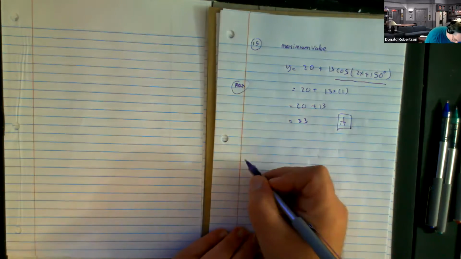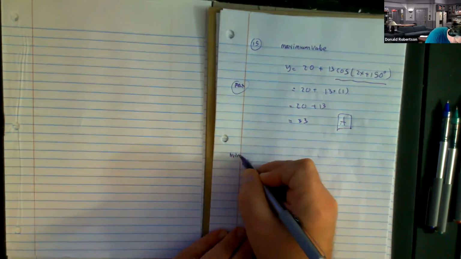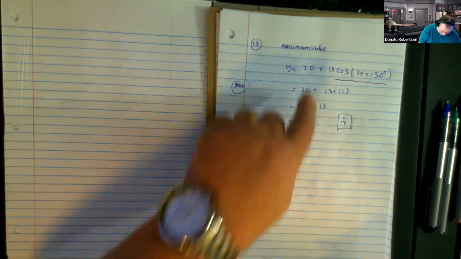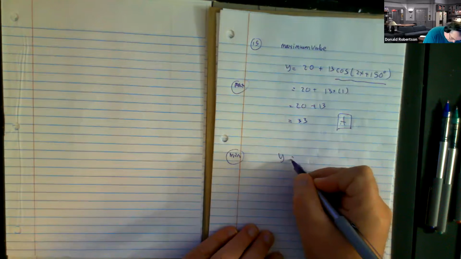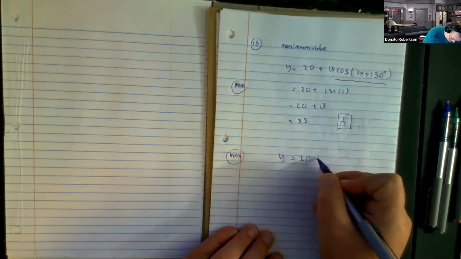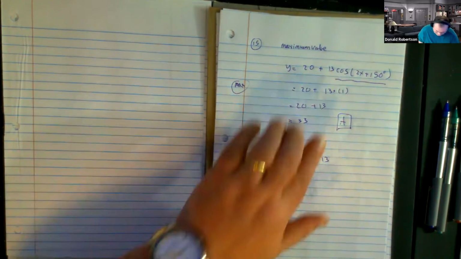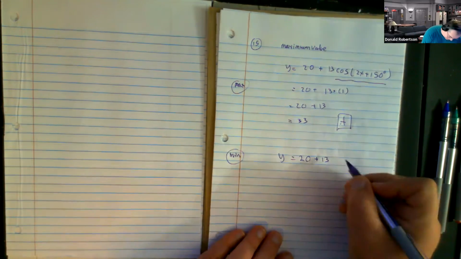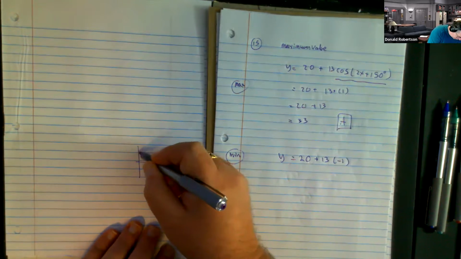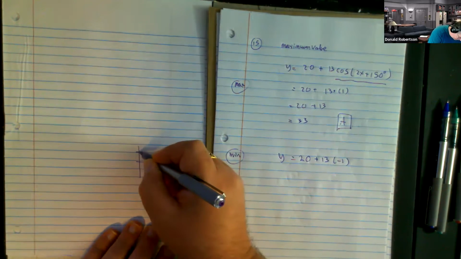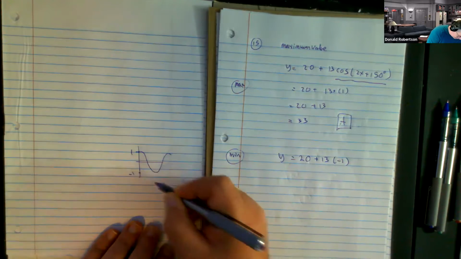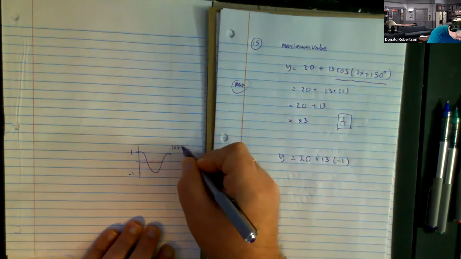Now, if I'd asked, what's the minimum value? You would say, oh, 20 plus 13. Now, the smallest value a cosine will ever be is -1, because cosines look like this. And they go from 1 to -1. And that's for cosine x.